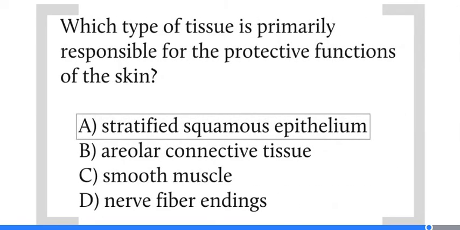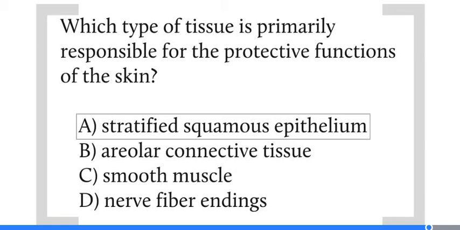Again, the primary tissue involved in protection through the skin is the stratified squamous epithelium in the epidermis. Now, we can argue for a couple of other tissues being involved in protective functions as well, but primarily it's this epithelium. And really, that's the main reason for this epithelium's existence, so to speak.